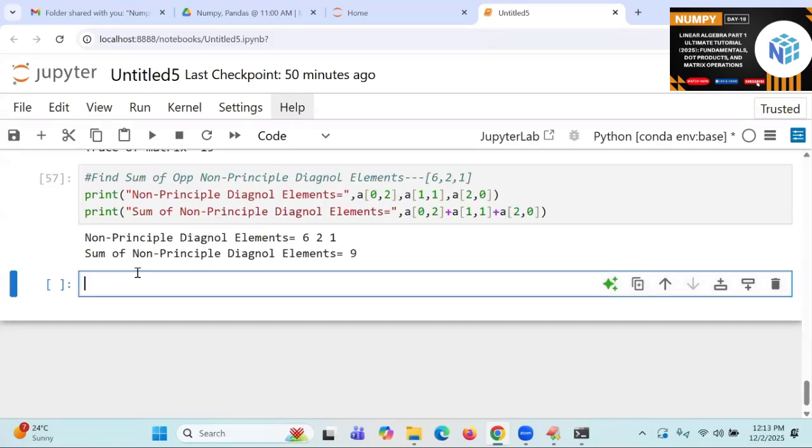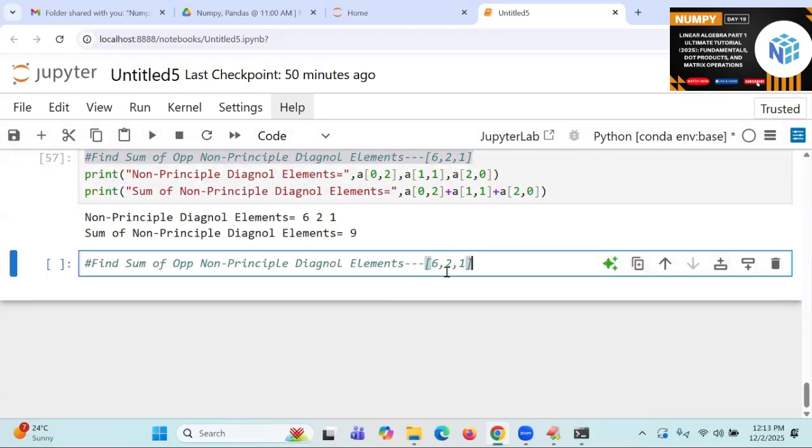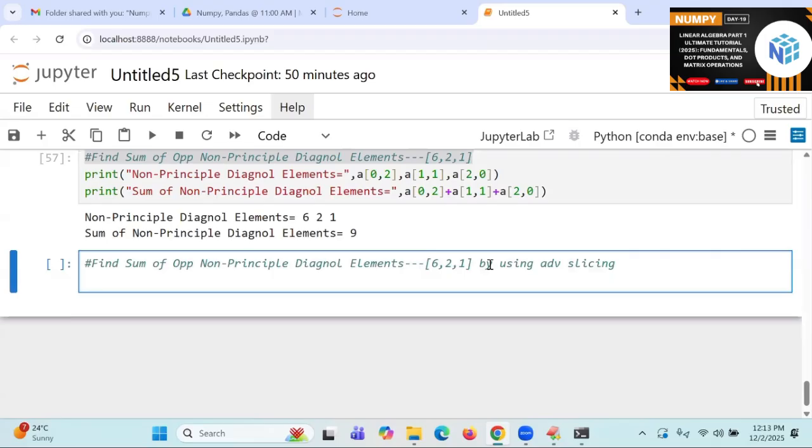Can you tell me the slicing? I am just testing whether you are capable of doing that using advanced slicing. Quickly, come on. Here I will write non-principal diagonal elements is equal to A of, what do I need to do first?